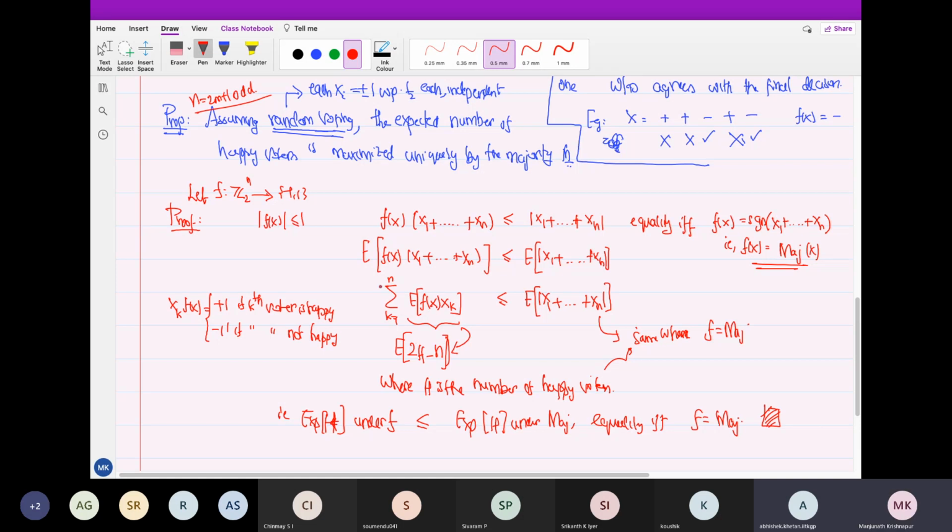No, this is just linearity of expectation. f(x) times xk is just the indicator that the kth voter is happy minus the indicator that he or she is unhappy. So if you add that up, you just get 2h minus n, irrespective of anything. I didn't even use that.